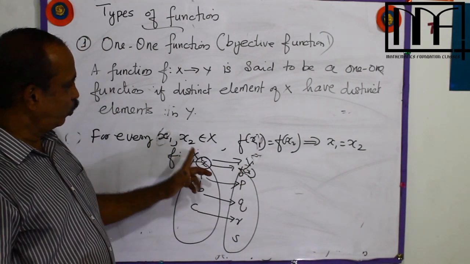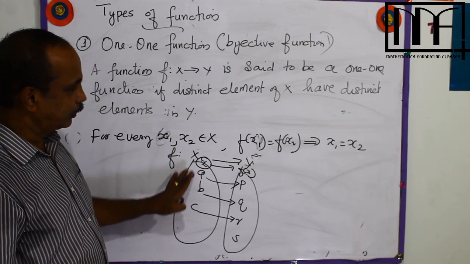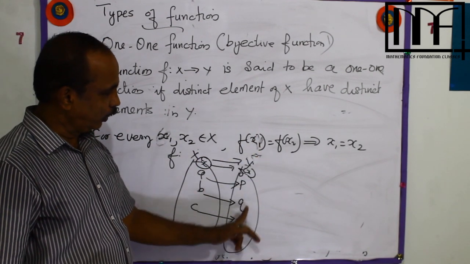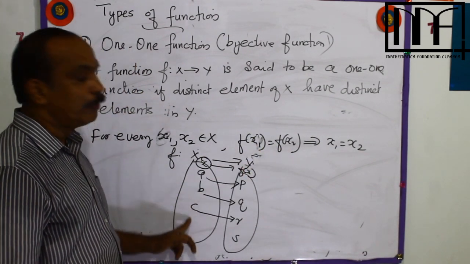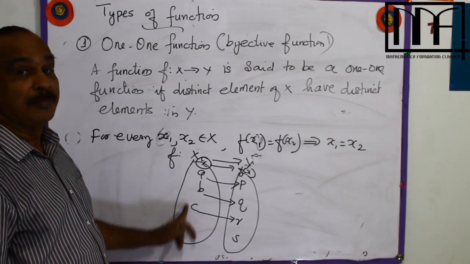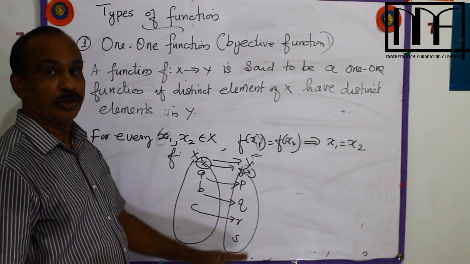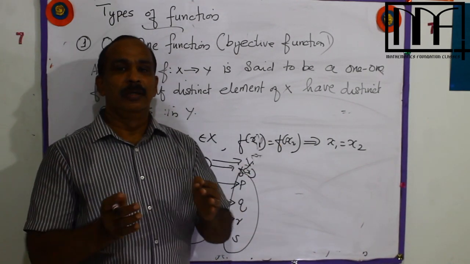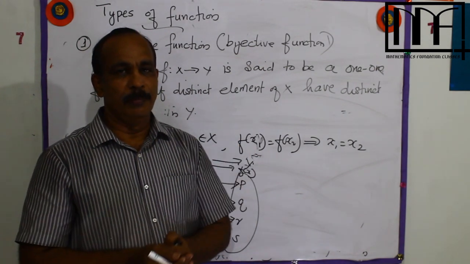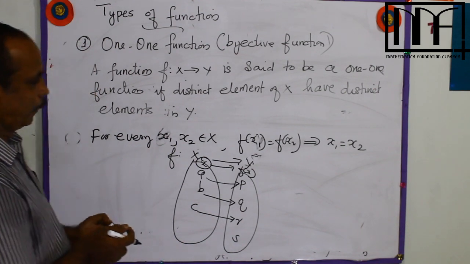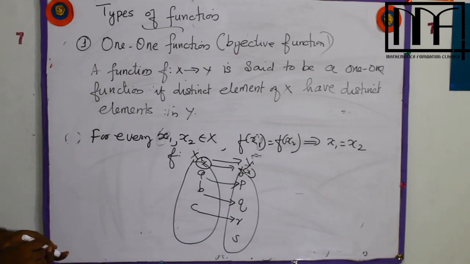So if x1, x2 are two elements in X and their images f(x1) and f(x2) are equal, then the elements must be the same. Then only we can say x1 equals x2, which means all the elements have their own individual images. Okay, this is the one-one function.